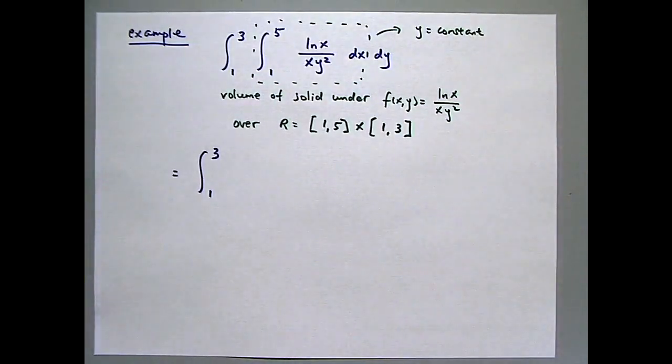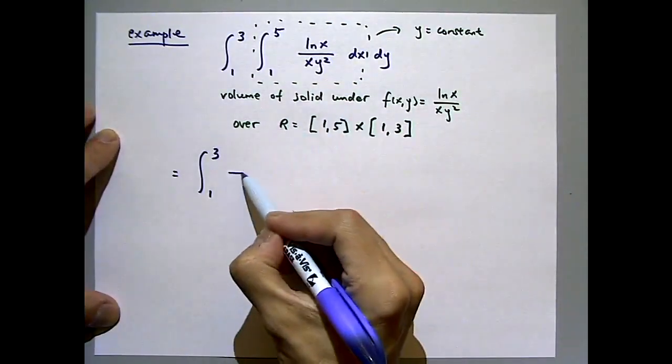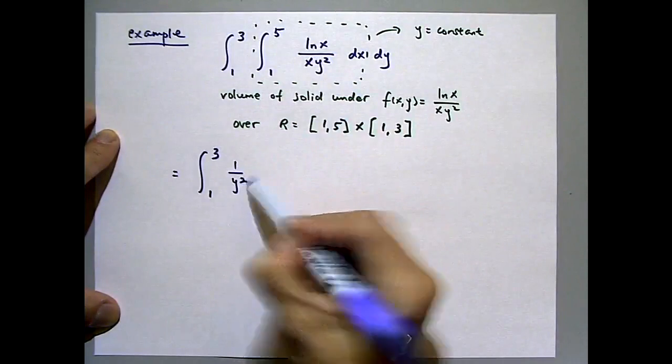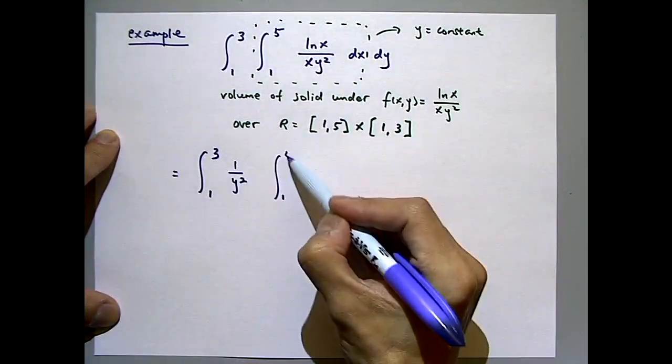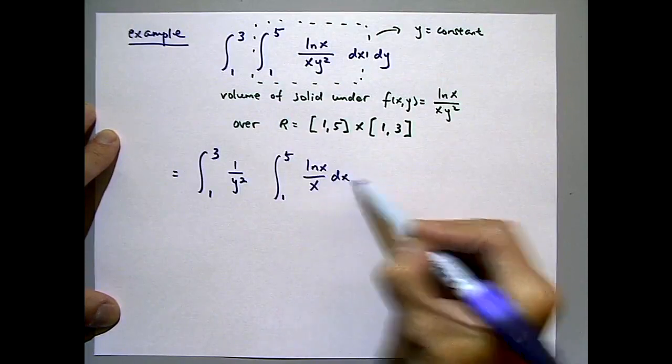So we know we can always pull a constant out of an integration, or we can put a constant in, however we want. So you could move that y squared out of the way, and just worry about the ln of x over x.